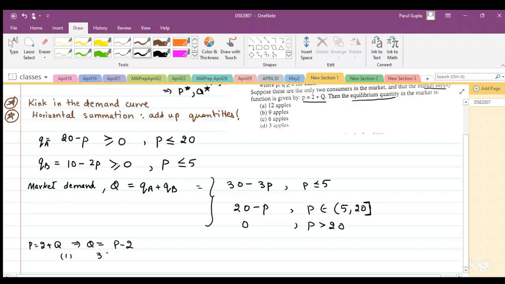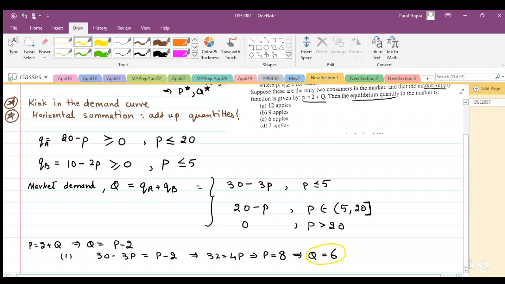That gives me 30 minus 3P is equal to P minus 2, which gives me 32 equals 4P, P equals 8. Now if we put this back into the supply curve, we get Q equal to 6.